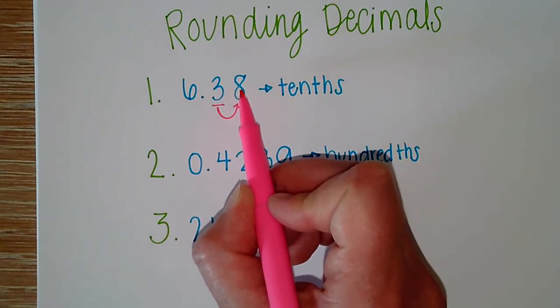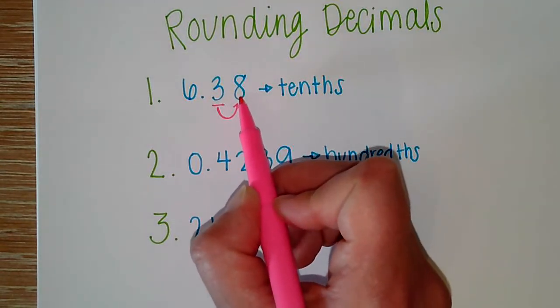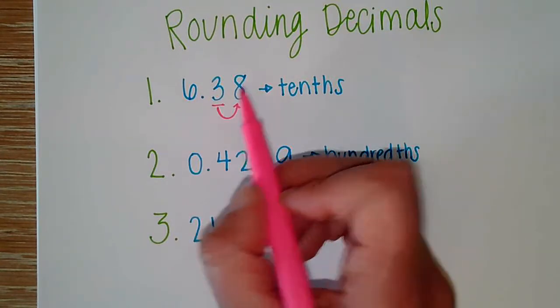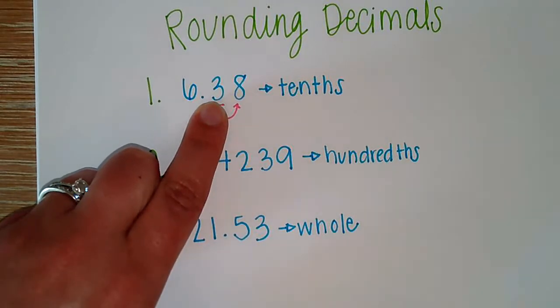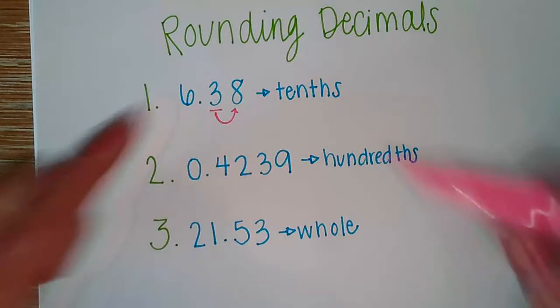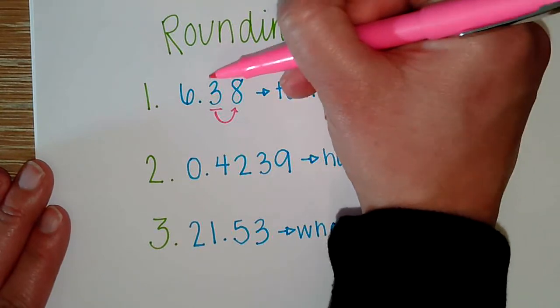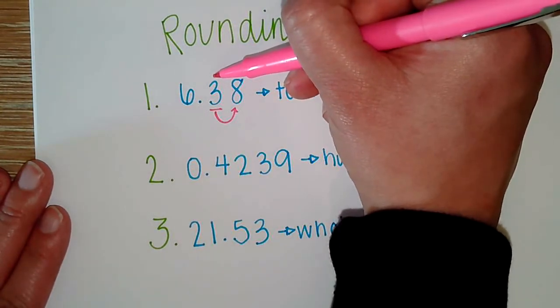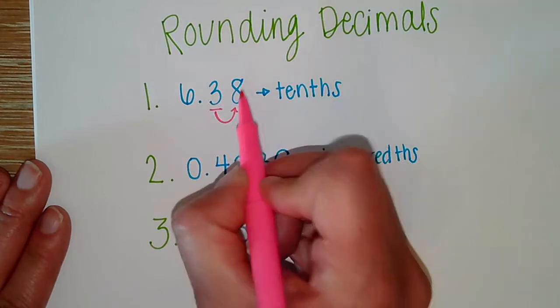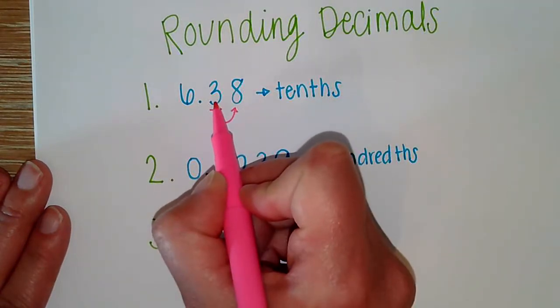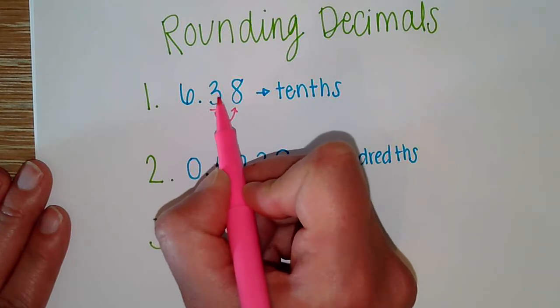Now, the rule is that if we have a number to the right that is 4 or less, this number will stay the same. If we have a number that is 5 or greater, then this number that we're rounding to goes up 1. So this 8 bumps your 3 up to a 4.